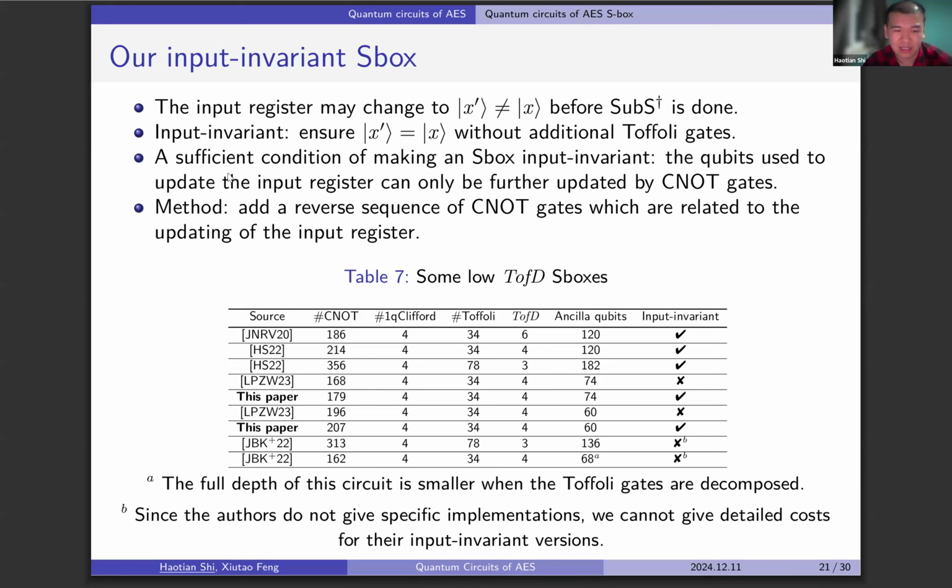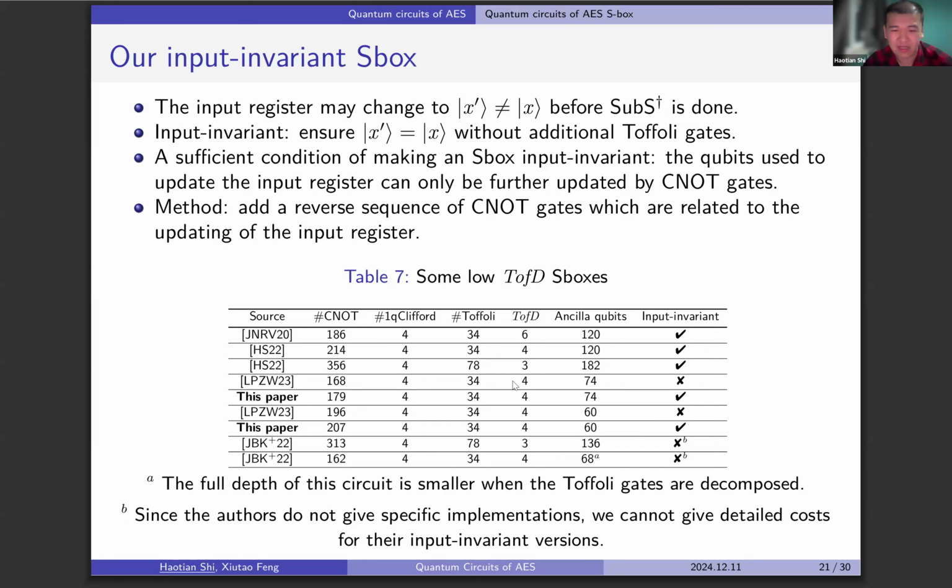A simple observation shows that a sufficient condition for making an S-box circuit input invariant is that the qubits used to update the input register can only be further updated by CNOT gates. So just adding a reverse sequence of CNOT circuits, which are related to the updating of the input register, can make an S-box input invariant.